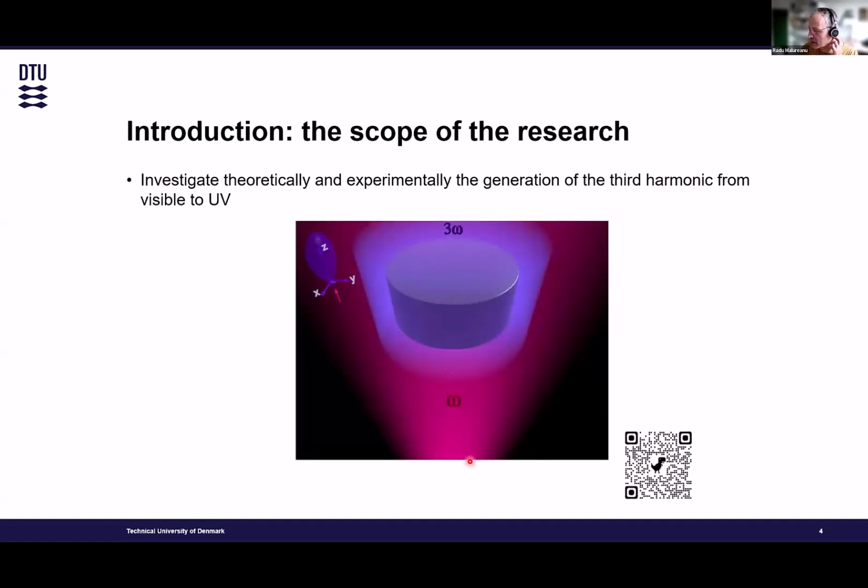So the idea is something like this: we have some structures that, if we illuminate with a certain frequency, then obviously, being the third harmonic, we get three times the frequency out, and hopefully enhanced.